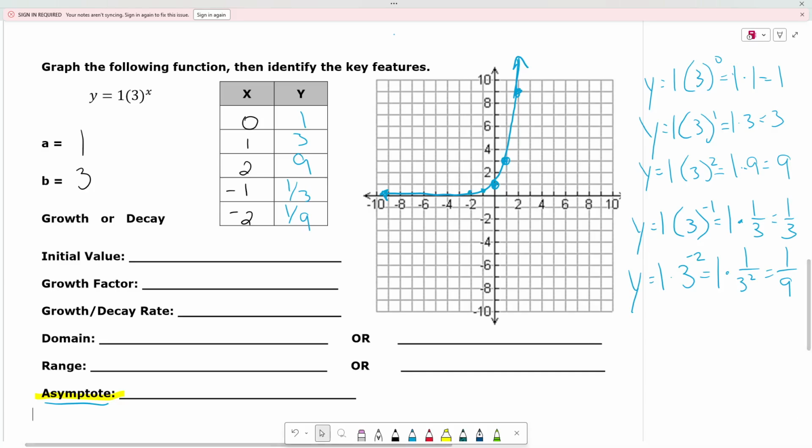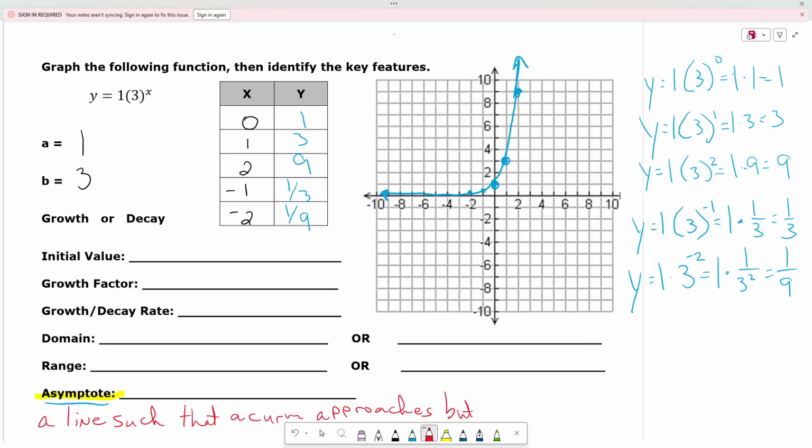Asymptotes. We should remember those from some of our earlier lessons, but if we don't, we should know that an asymptote is a line such that a curve approaches but never touches.